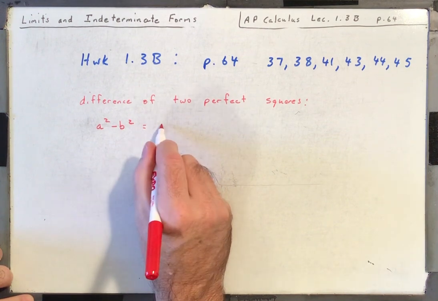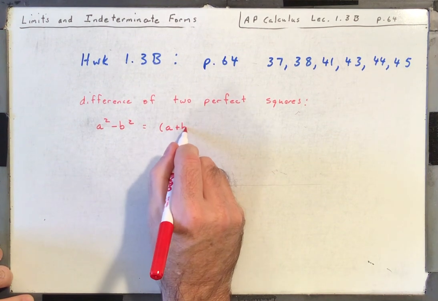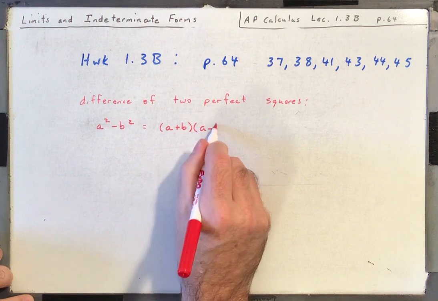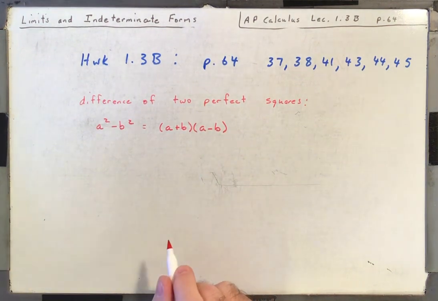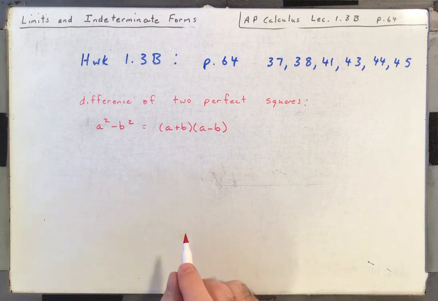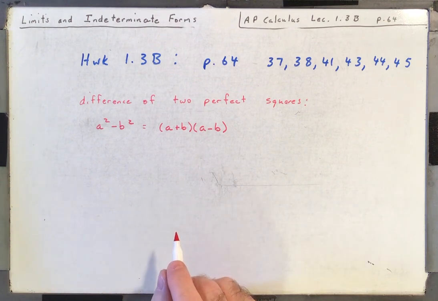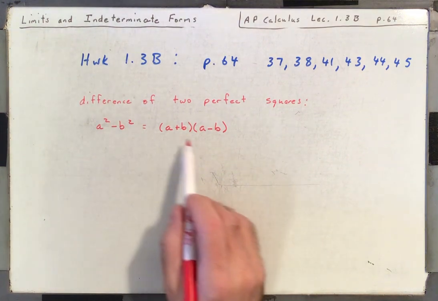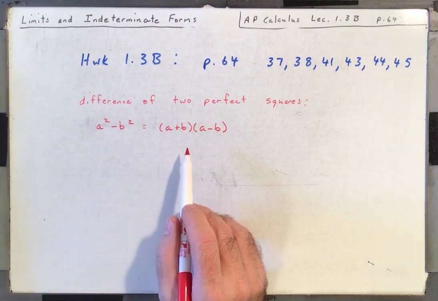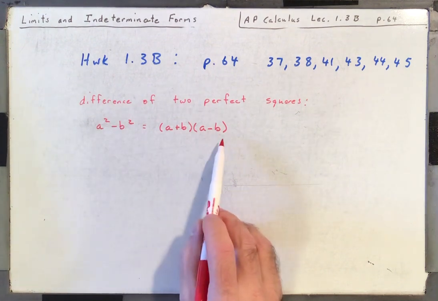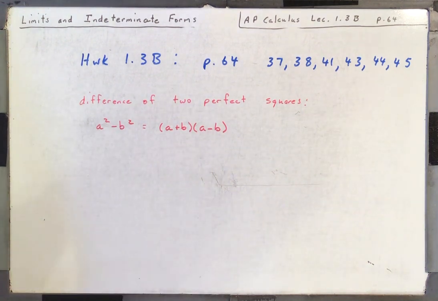That factors into a plus b times a minus b. All right, and I think tomorrow we're going to need the difference of two perfect cubes. So that I think is the only factoring formula that hopefully you remember from pre-cal and algebra 2 that you'll need on this homework assignment, and I will talk to you on the next video.